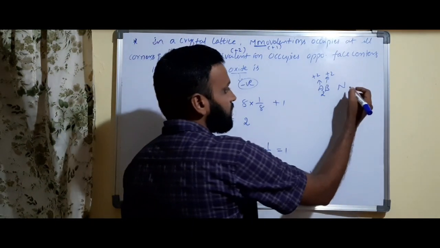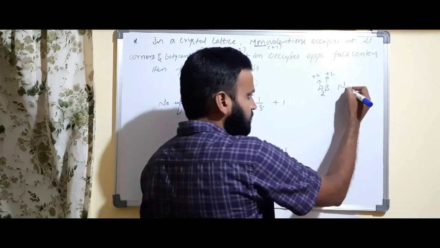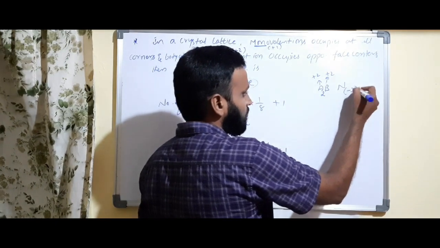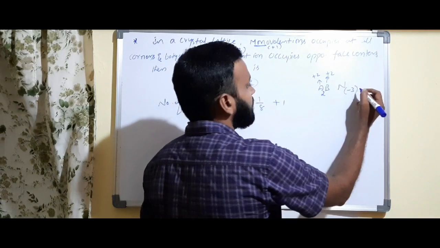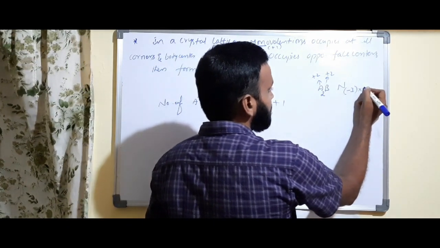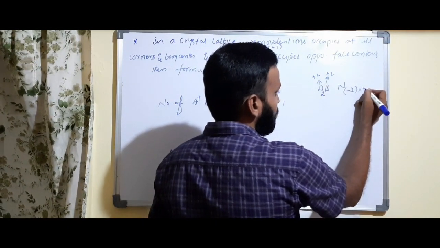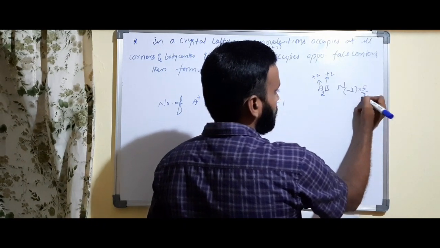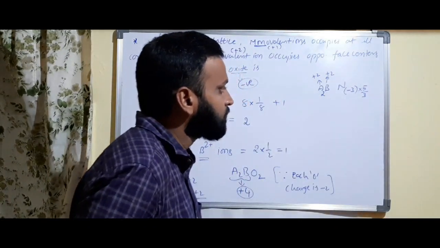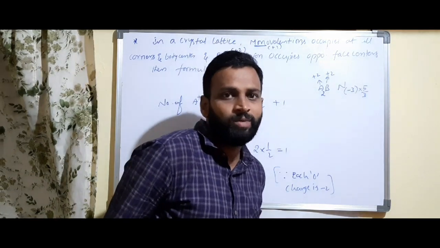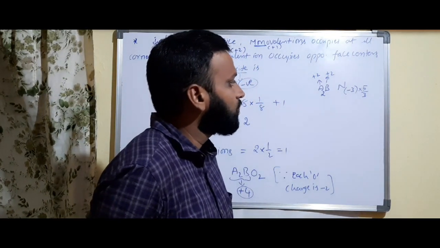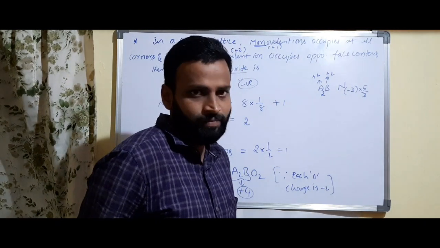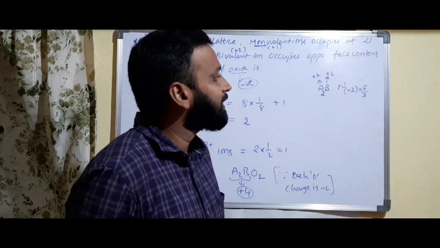Suppose here I am getting -3 for one nitrogen, so I have to get 5. How can I get 5? Here I have to multiply by 5 and divide by 3, because each nitrogen charge is -3. So -3 into 5 by 3 gives -5 charge.